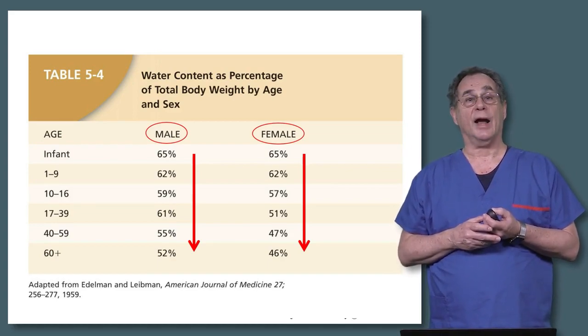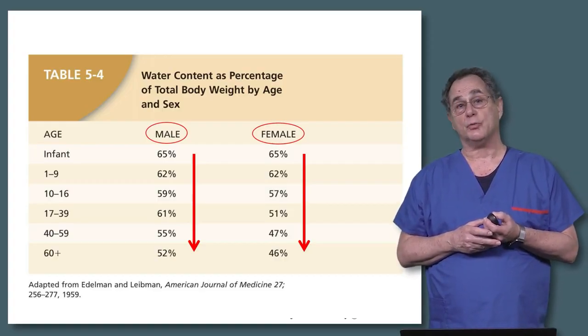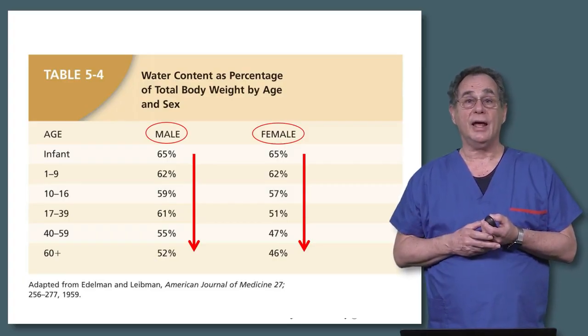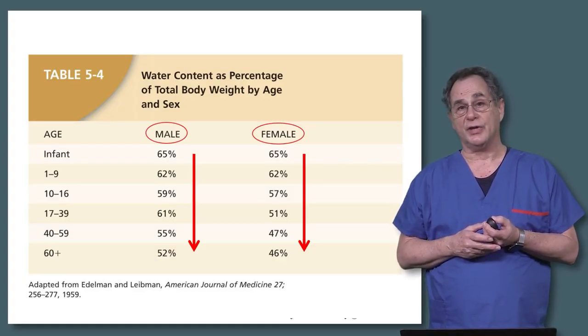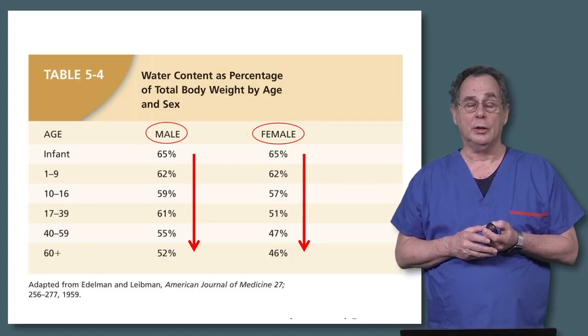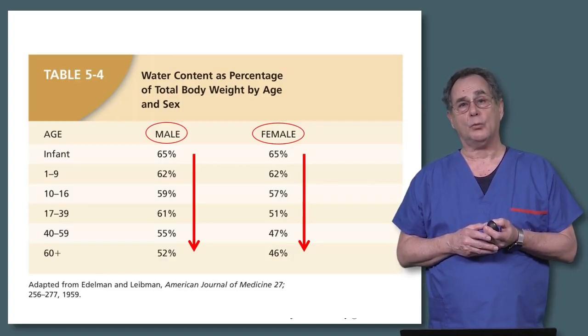It rises gradually until teenage years and then declines in the third, fourth, and fifth decades, so that again in middle age it is around 50%, and then in older females down to as low as 45%. So age and muscle mass and sex are the three most important determinants of total body water. That is the amount of water that is a percent of total body weight.